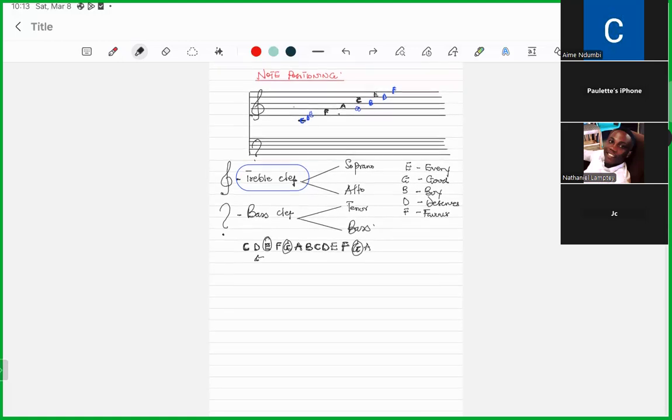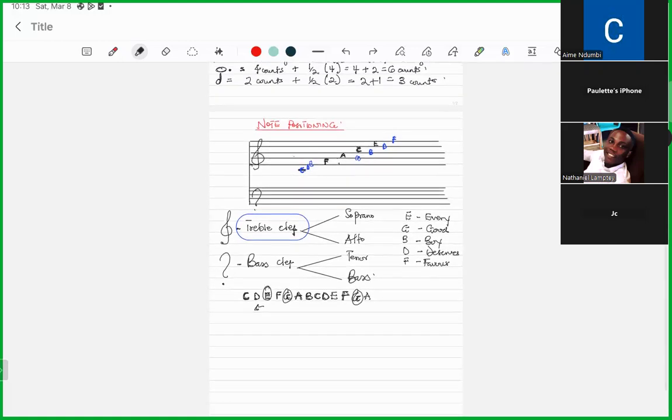So when we start with the treble clef, we said there's a simple way to identify the notes. We group them into lines and spaces. So either the note is on a line or the note is on a space.